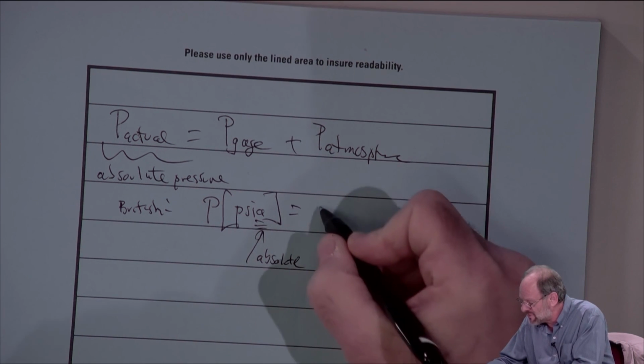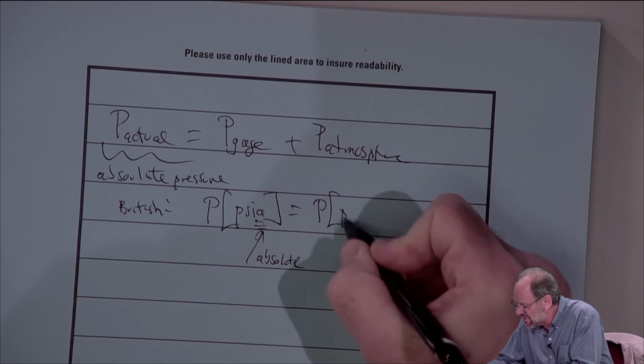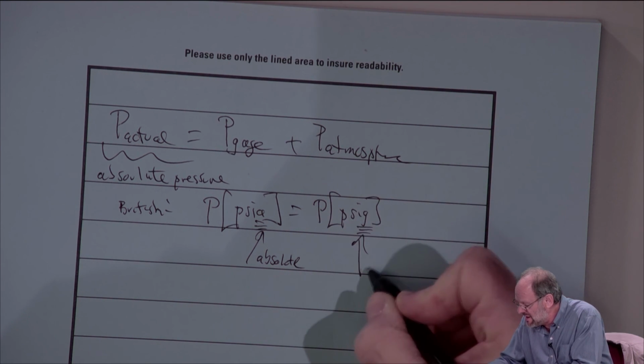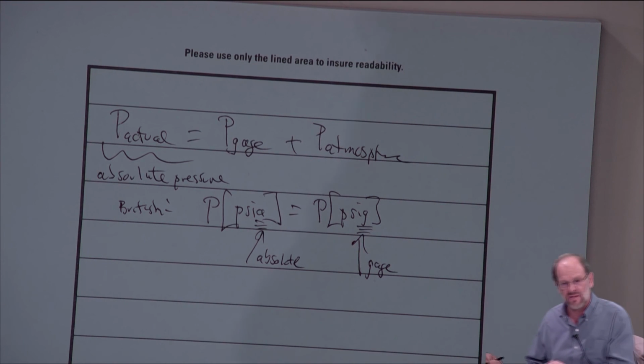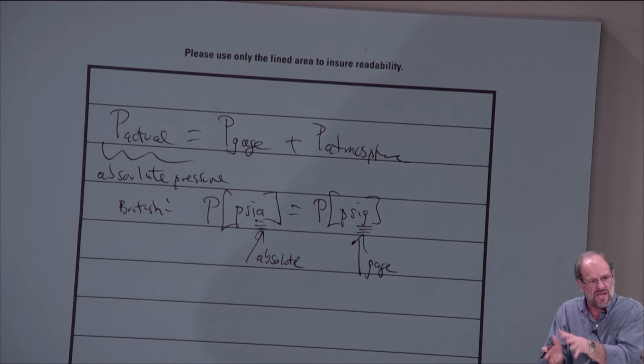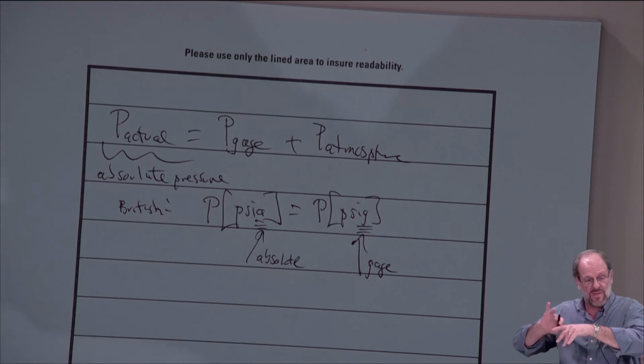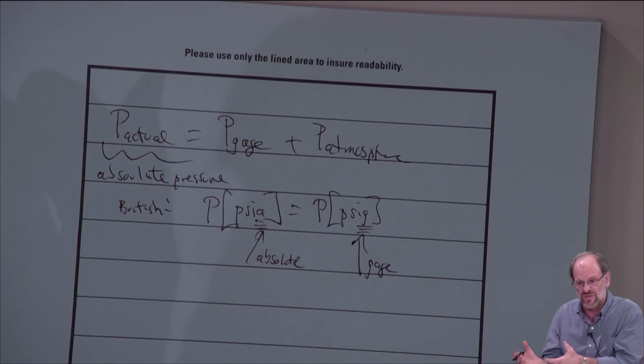The actual pressure is going to be the pressure measured in PSIG, and this G implies the pressure gauge. But again, we've set that pressure gauge to 0, so the actual pressure is really whatever the atmospheric pressure is plus whatever registers on that gauge.